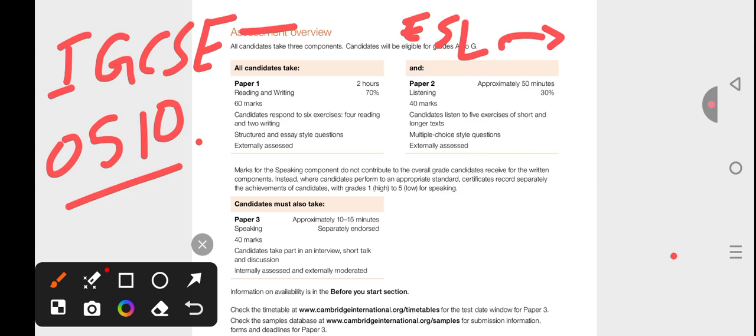So this degree is really appreciable on the international platform, and it prepares students of 15 to 16 years for higher education. If a student is in O level, he can choose this subject as a compulsory subject. Okay, so let's move forward to all the papers one by one.